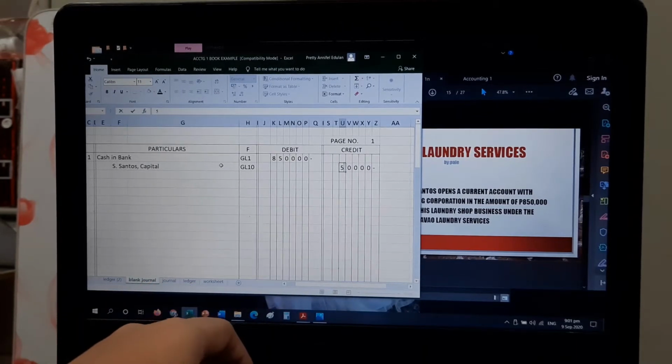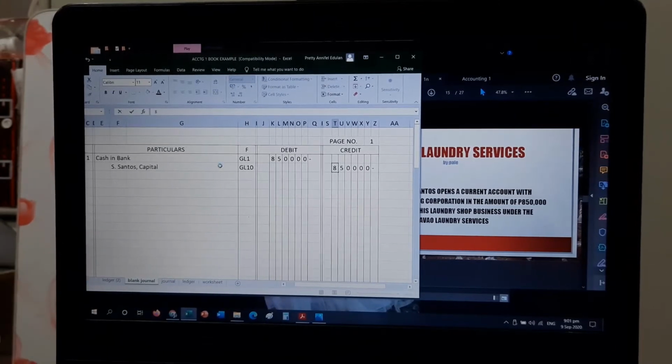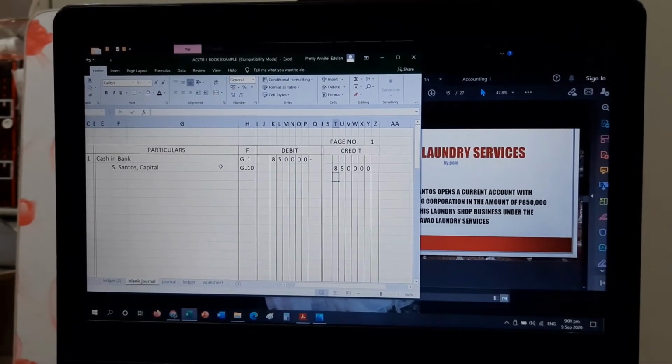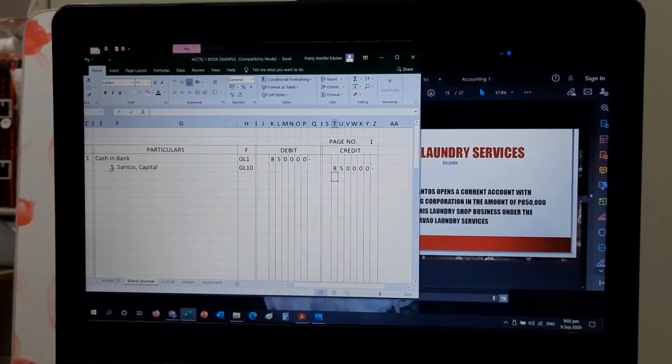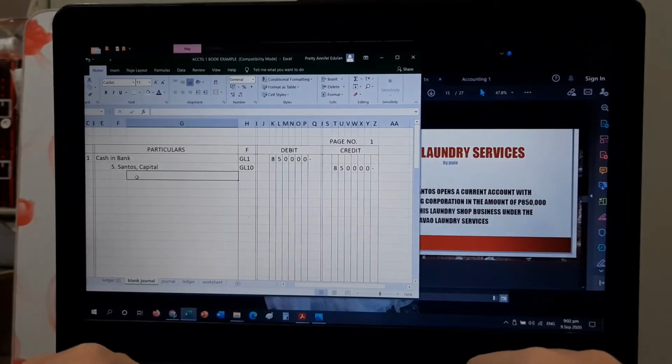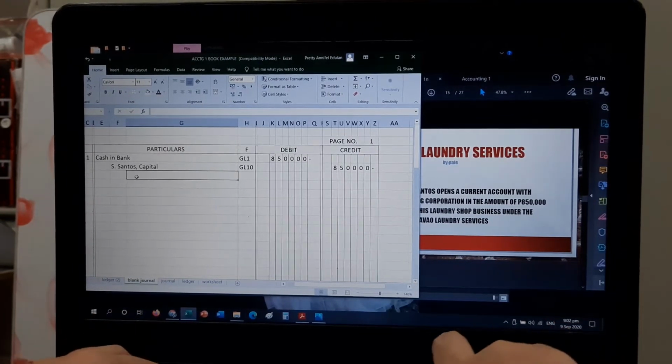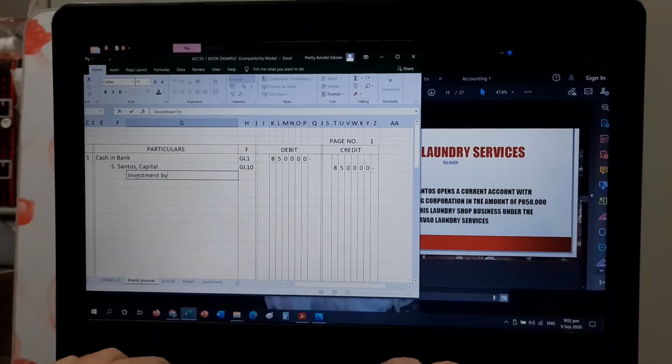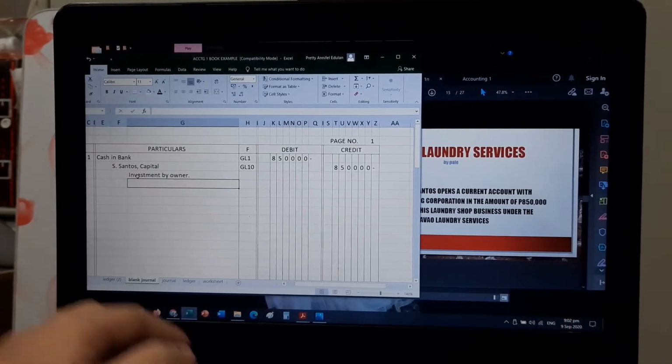So 850, so that is 10,000, then 100,000. So do not forget the indentation. You could write number sign or simply the explanation. This is investment by owner.